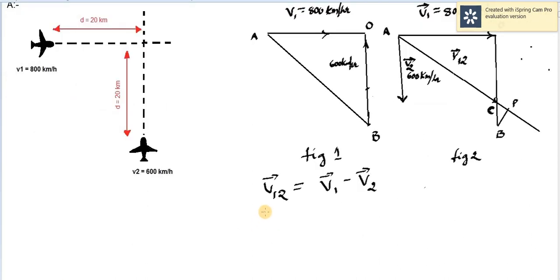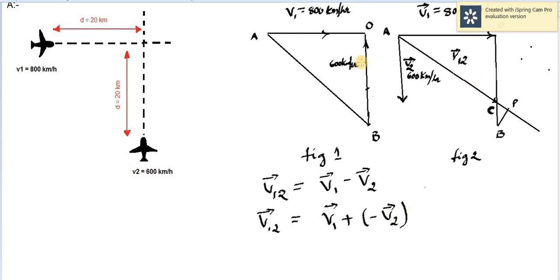This can be redrawn as velocity of 1 with respect to 2 is equal to velocity of 1, which is v sub 1, plus minus of velocity of the second one. That is what we have done here.